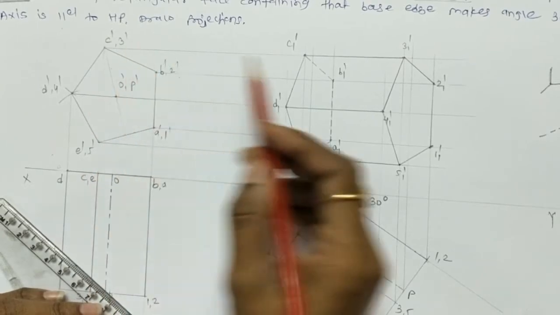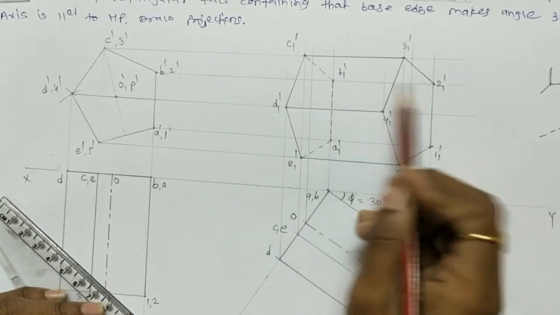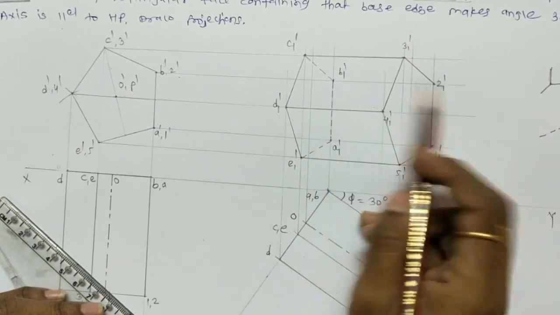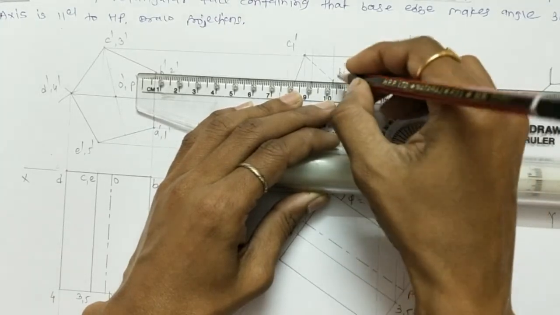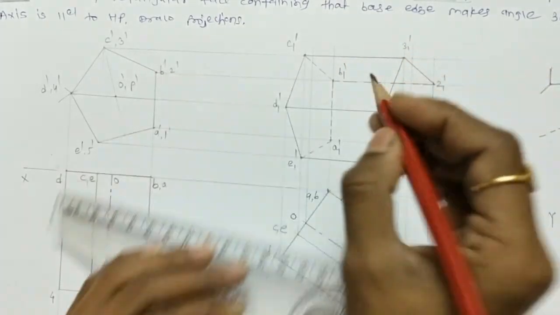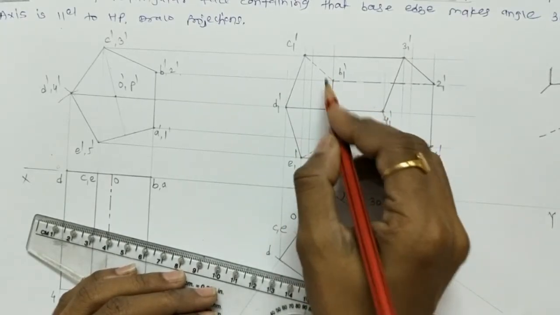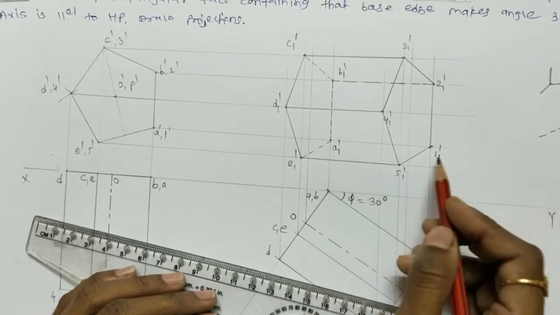Then join C3, already joined, then B2. So join B2 by dotted line, same principle, because at point B there are 2 dotted lines. So B2 we have joined, and A1, join A1.